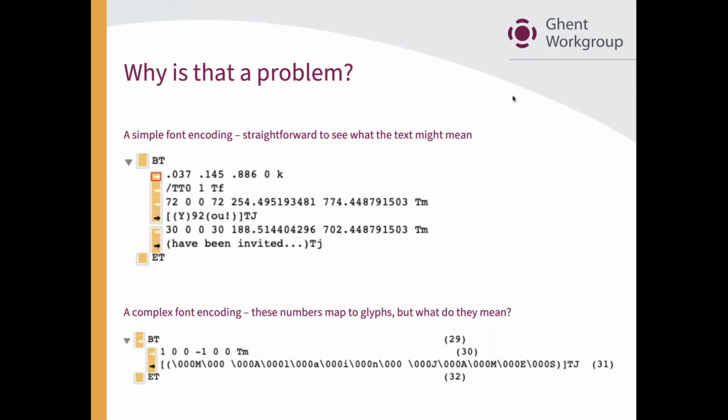But if you have a complex font encoding, so we talked about the Type 0, then we have numbers that map to glyphs. I cannot tell you what is there. If you can, then you're really, really good. Those numbers mean something, but it's really difficult to know what it is.